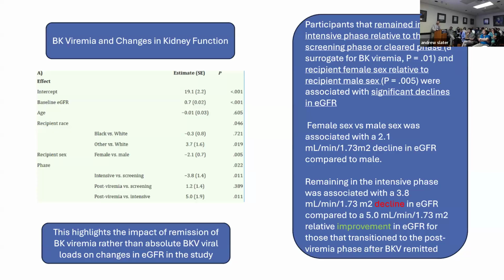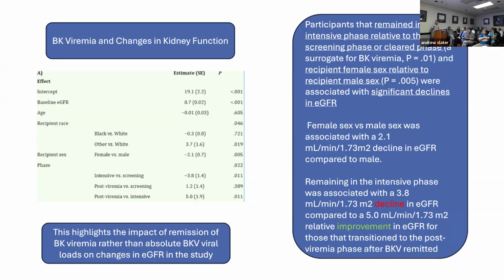Okay. And then what about BK viremia and changes in kidney function? So participants that remained in the intensive phase relative to the screening phase or those that cleared, and recipient female sex relative to recipient male sex, those were associated with significant declines in the estimated GFR.